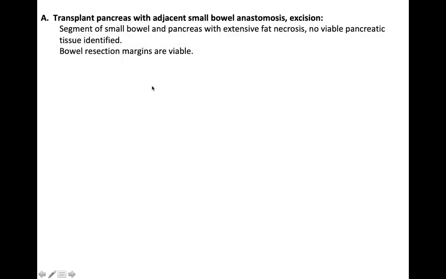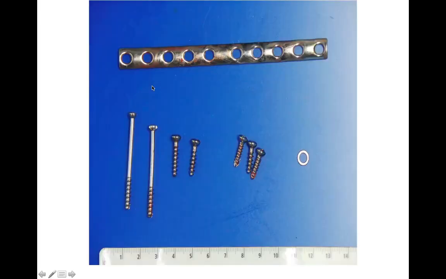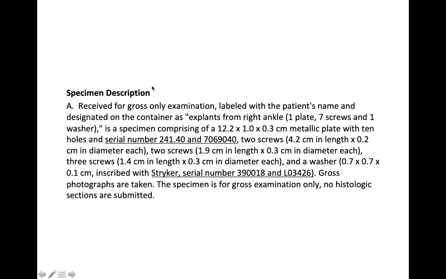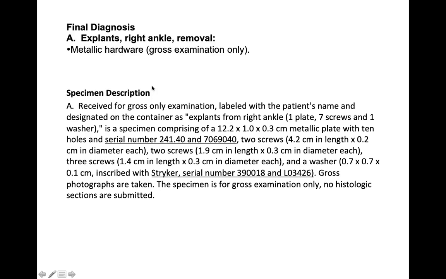There's actually no viable pancreatic tissue present, and because this presentation is called the nuts and bolts of the pancreas and staging and so on, we have random pictures of hardware. And how do you gross this hardware, describe it, and sign it out? Here, you would look at this hardware, try to find any serial numbers, mention the serial numbers, and then sign it out with a one-liner: metallic hardware, gross examination only.